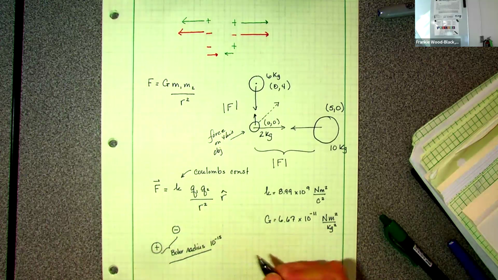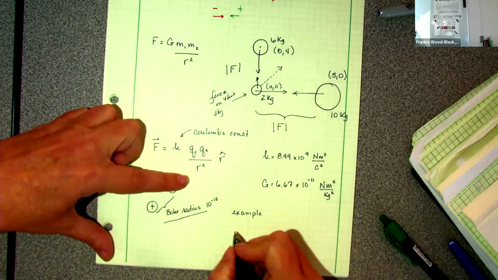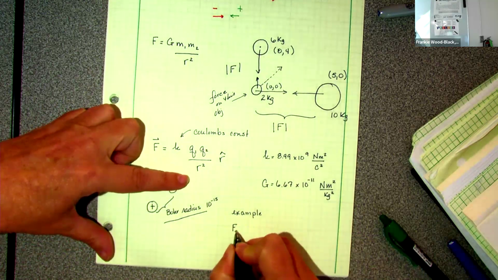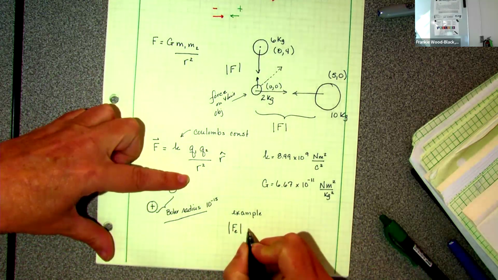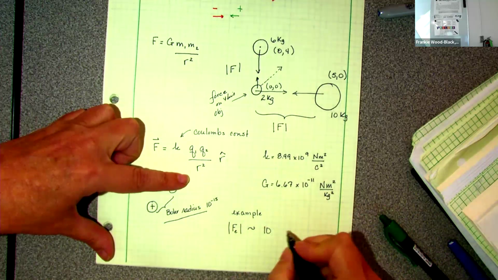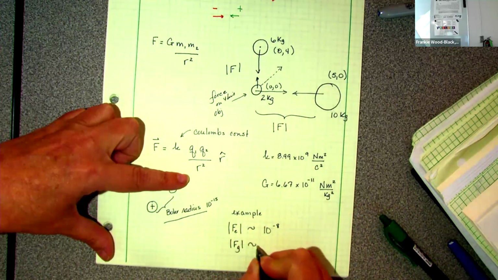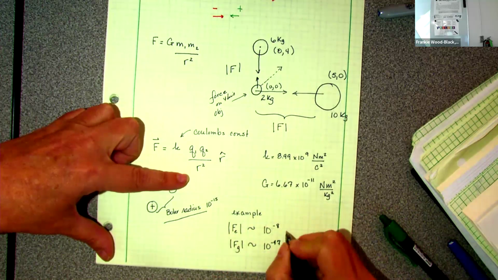You guys do have this example in the book, and I've done this problem multiple times, so there are videos out there for this. If I use this as the Bohr radius, my force due to electrostatics is on the order of 10 to the minus 8, and my force due to gravity is on the order of 10 to the minus 47, in the r direction.